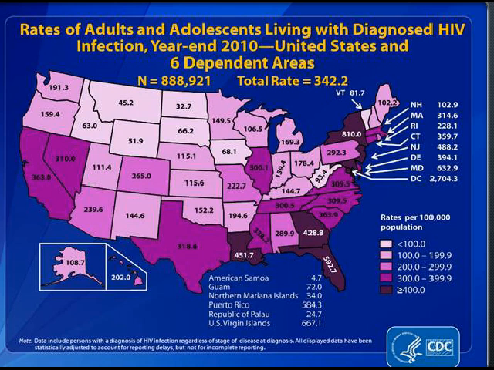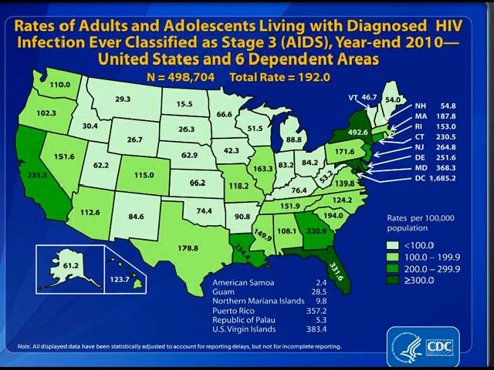The darker colors have the higher incidence. This is the rates of those living with HIV infection who were ever classified as AIDS. In other words, they were classified as having AIDS, and then maybe now they're on effective therapy and they no longer meet any of the criteria for AIDS, but at one point they were diagnosed with that.